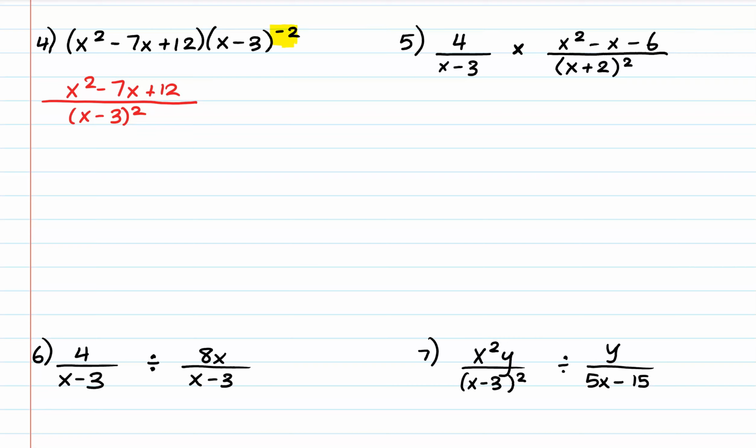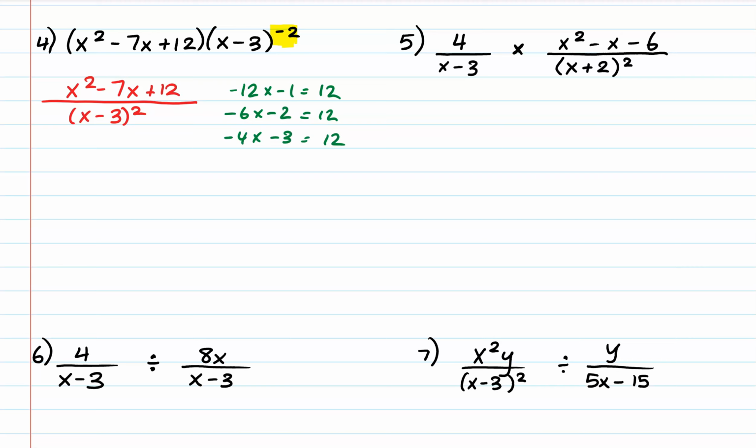So I want two numbers that multiply to 12 but add to negative 7. Because I've got a positive number and a negative number in between, I'm looking at two negative numbers. I know that negative 12 times negative 1 equals positive 12. I've got negative 6 times negative 2 equals positive 12. I've got negative 4 times negative 3 equals positive 12 as well.